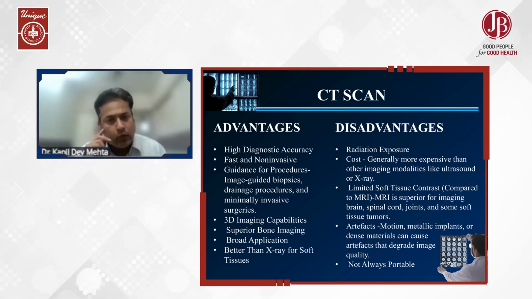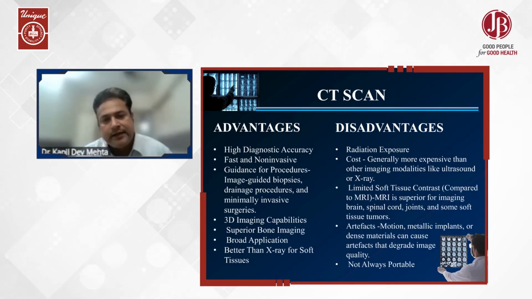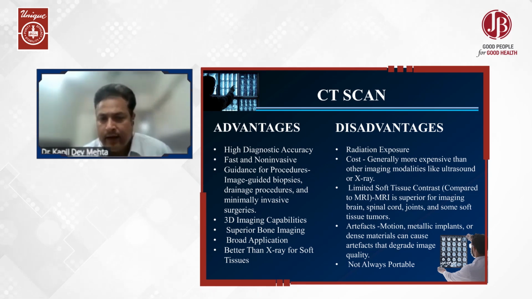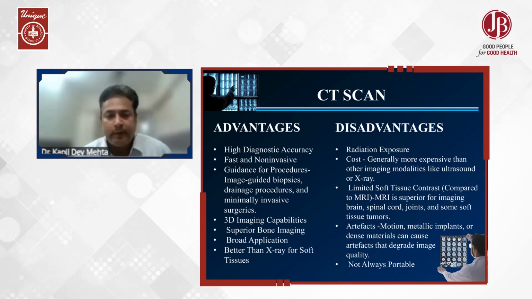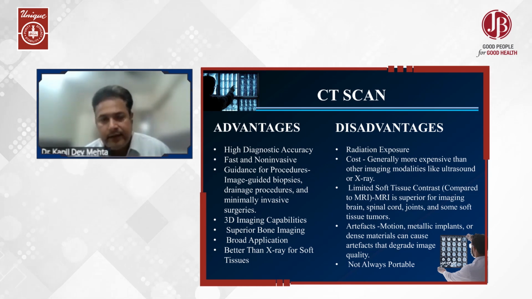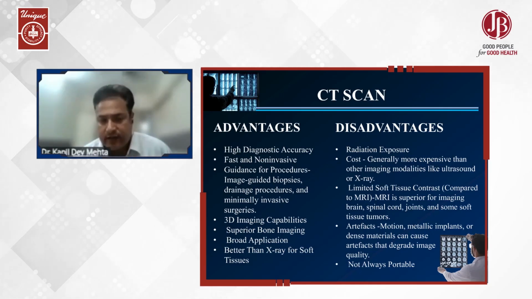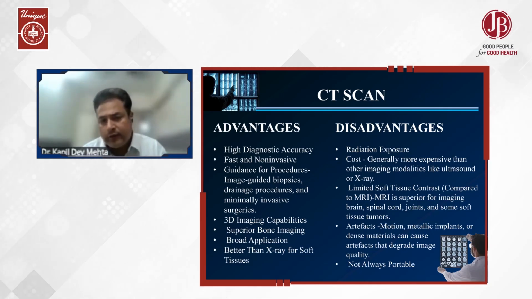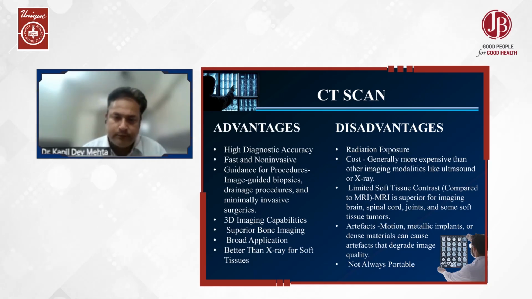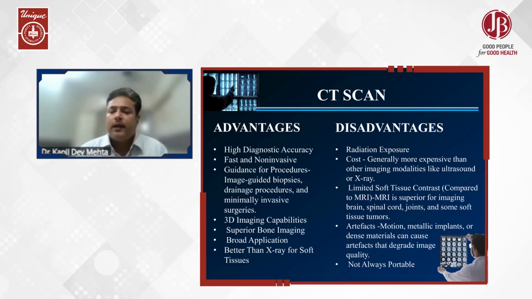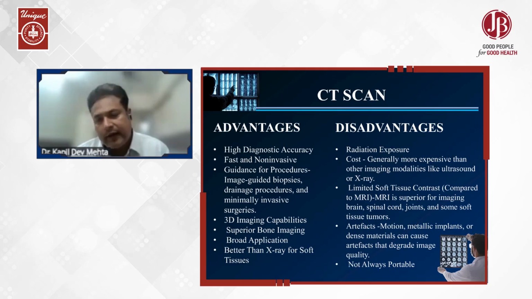One CT scan of maybe the head or neck is equal to 30 to 40 X-rays, and one CT scan of the abdomen and pelvis is equal to maybe 200, 250 X-rays. So a lot of radiation is involved in CT scans. Another disadvantage is limited soft tissue contrast. For that, you need to have MRI.